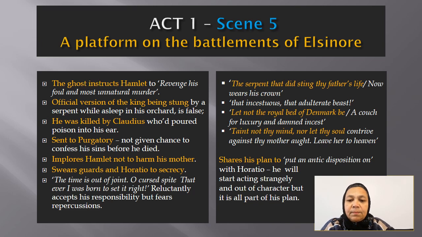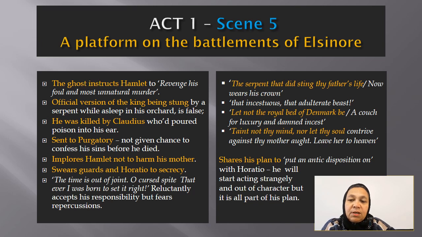He begs him not to let the royal bed of Denmark become a couch for luxury and damned incest. His reference perhaps to luxury is Claudius's rule, and at the beginning of Act 1, Scene 4, we mentioned the sounds of a party or banquet or feast that can be heard.